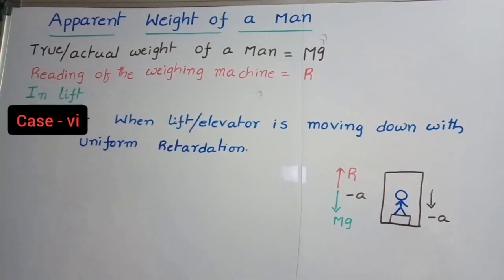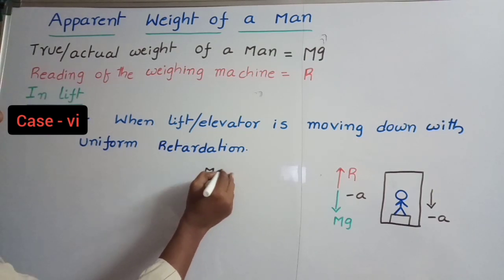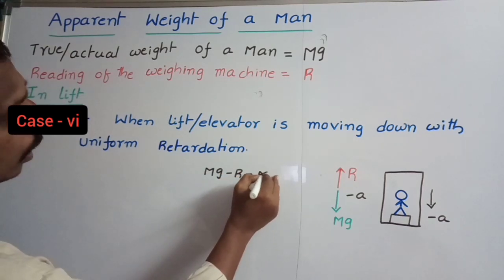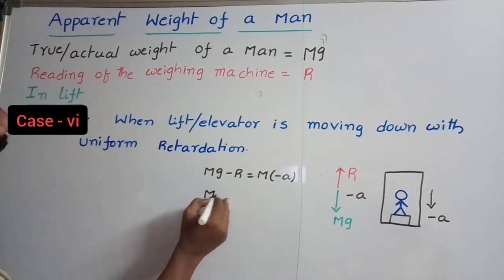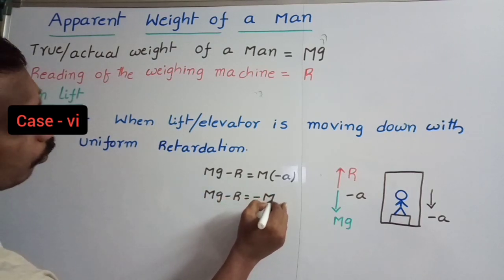Next case. When the lift is moving down with uniform retardation. In this case, mg minus R is equal to m into minus a. So mg minus R is equal to minus ma.